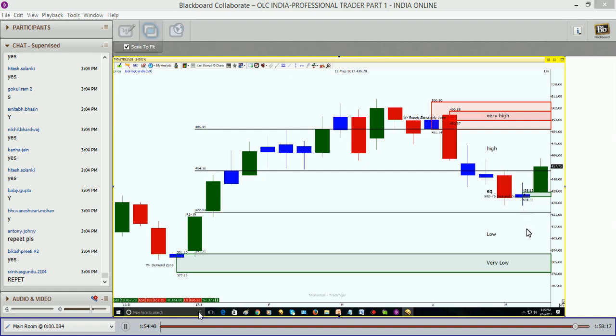Am I in the lower end or higher end or in equilibrium? I am in equilibrium. Equilibrium we generally don't use for buying. Buying is generally done where? Buying is generally done at the lower end or at the very lower end. That is why that is not a good level to go ahead and take a trade. Does everybody follow me now?